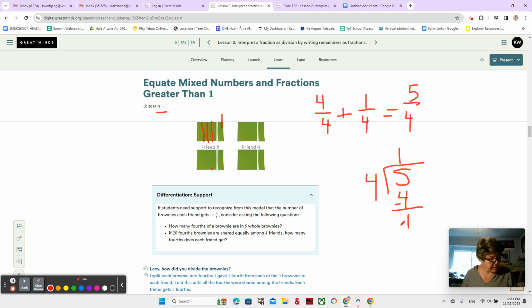So that 1 that's left over is 1 brownie left over, right? So each person gets 1 whole brownie, and then we have 1 brownie left to share. So then we have to break that into 4 parts. So that's 1/4 each. Okay.